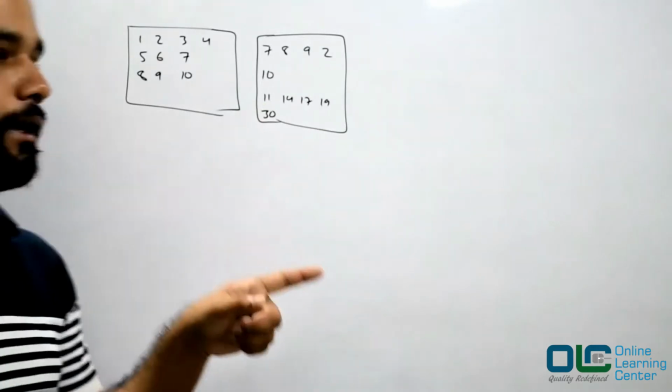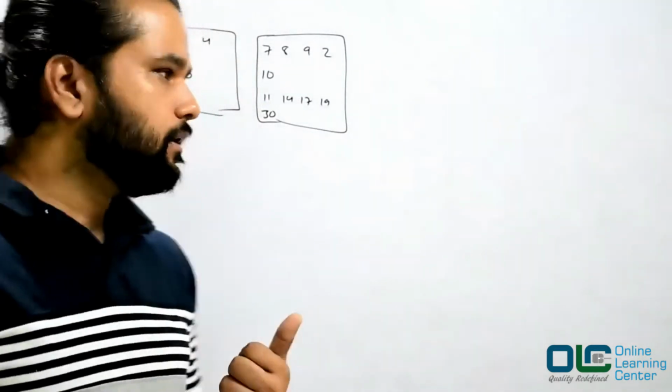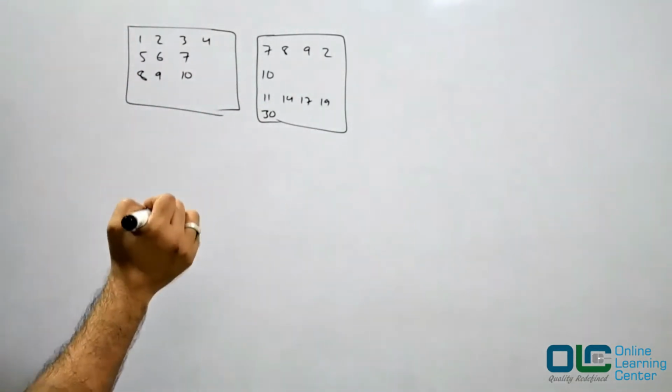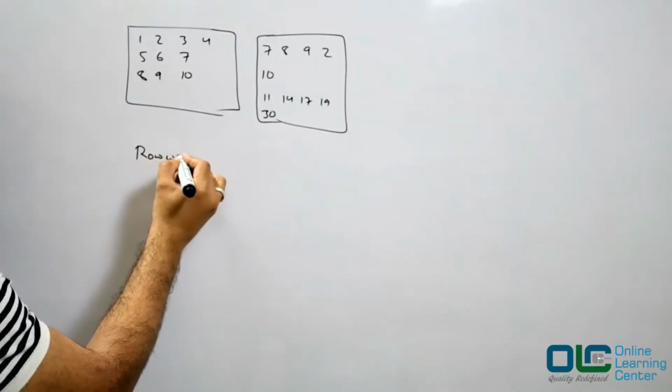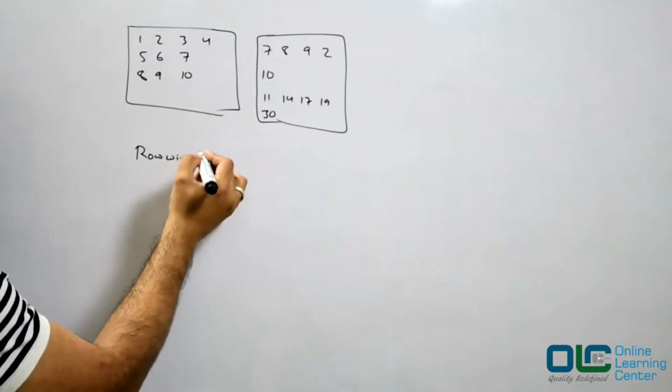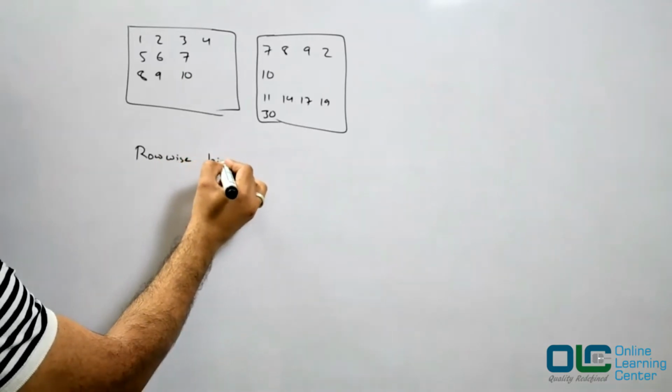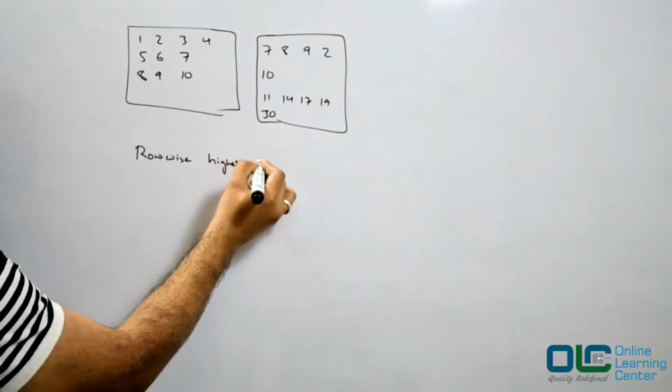Okay, and now my requirement is very simple. What I want to do is find out the row wise highest number.